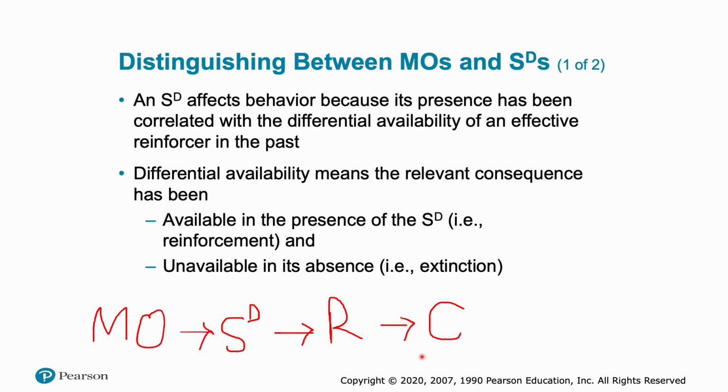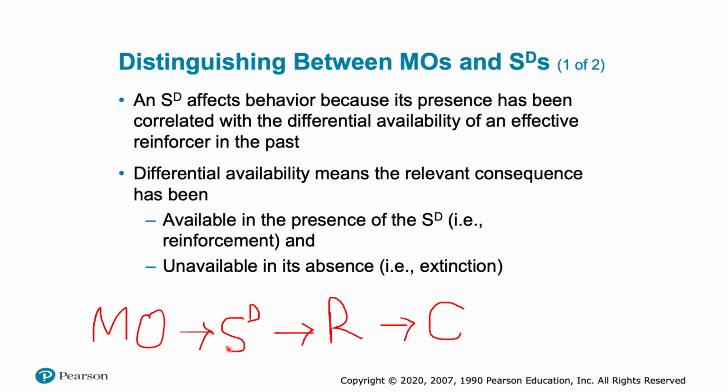So in the past, in the presence of a particular stimulus, a response has received reinforcement. So that stimulus ends up signaling in the future that reinforcement is available. So in the presence of that particular stimulus, we are more likely to engage in behavior.